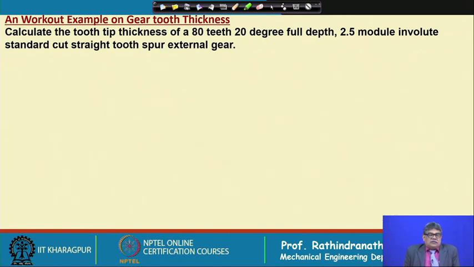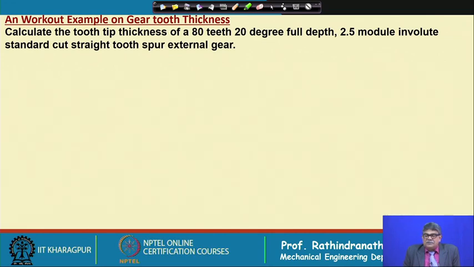Now, what we have considered? We have considered a gear of 80 number of teeth, 20 degree full depth, 2.5 module involute standard cut straight tooth per gear, external gear.